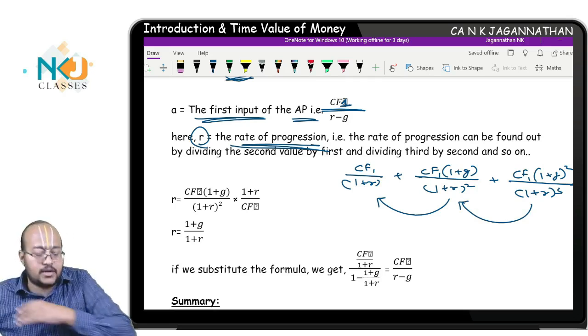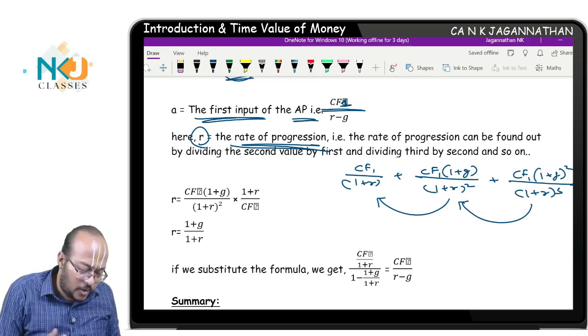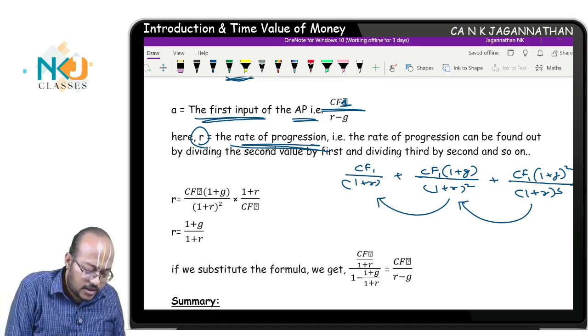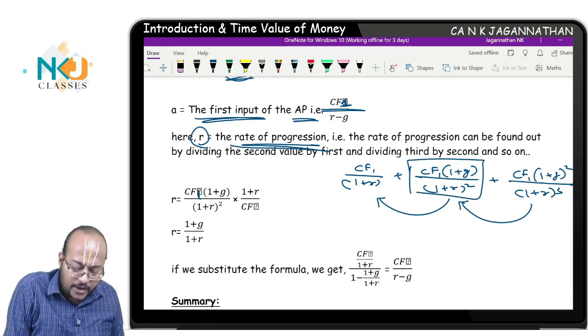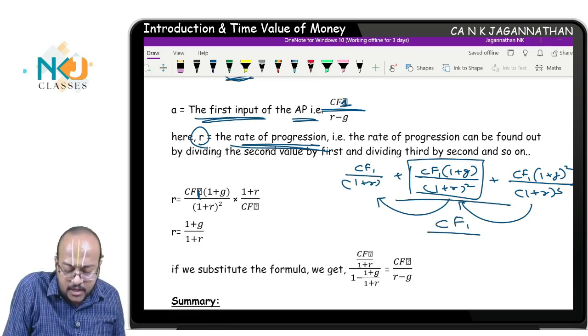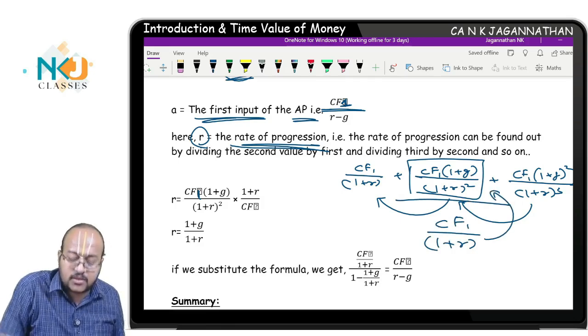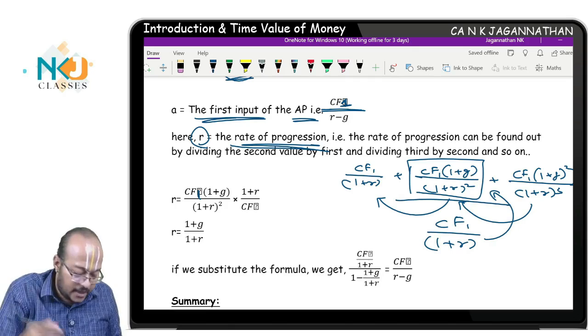So to find the rate of progression, what you will do? Cash flow 1 into 1 plus G, which is nothing but cash flow 2, divided by 1 plus R to the power 2, this term, correct? Ideally you should divide it by cash flow 1 by 1 plus R, or you can multiply by 1 plus R divided by cash flow 1.